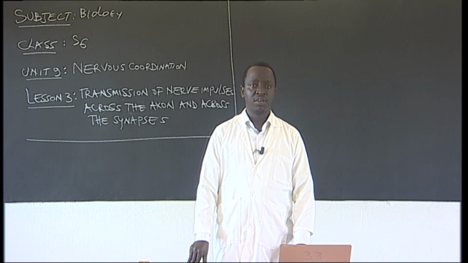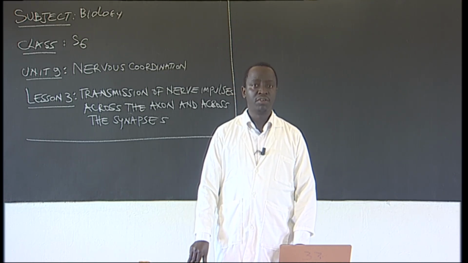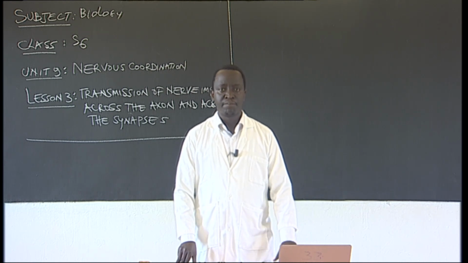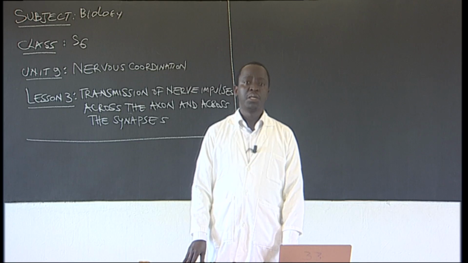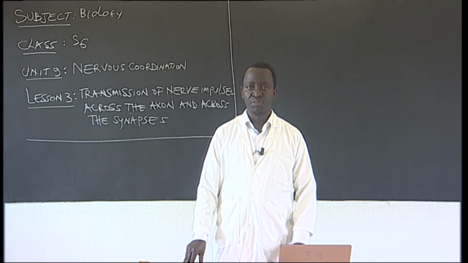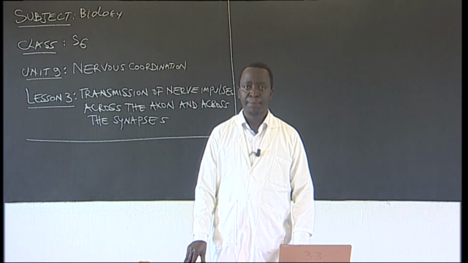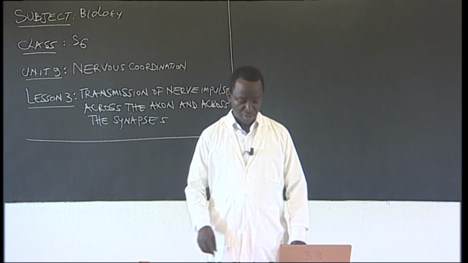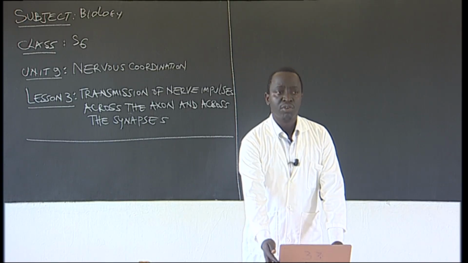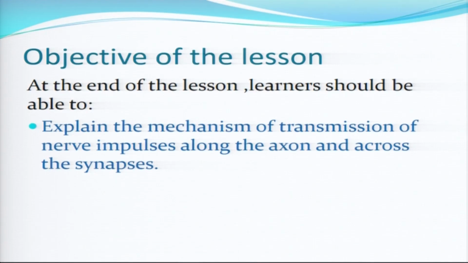Remember, we have seen the parts of the neuron. We have seen also the axon. What is the axon? It is the part that carries message away from the cell body to another neuron. So we're going to see that. You can ask yourself, what's the objective of the lesson of today?